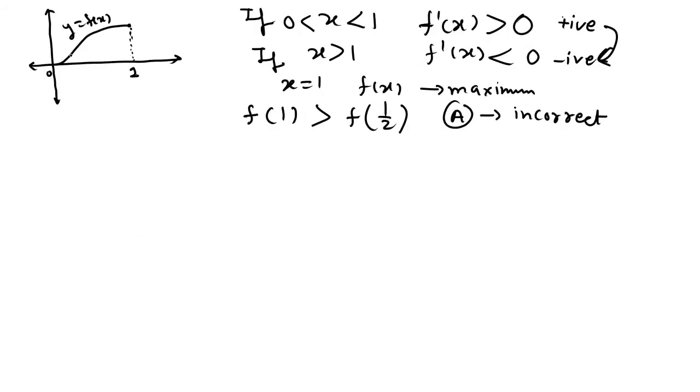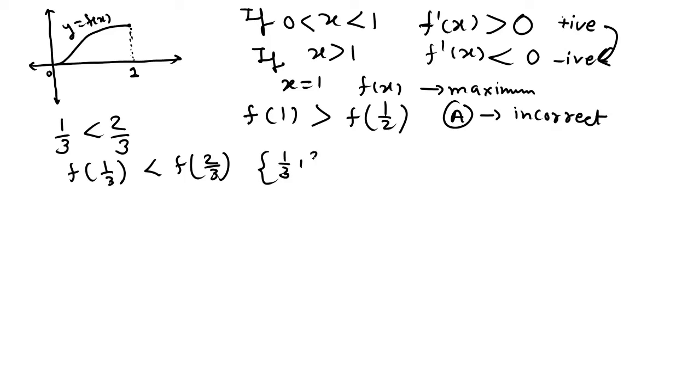Because the graph of f(x) is going like this, and we know that 1/3 is less than 2/3, we can say that f(1/3) will be less than f(2/3), because both 1/3 and 2/3 belong to the interval 0 to 1, and in this interval f(x) is an increasing function.